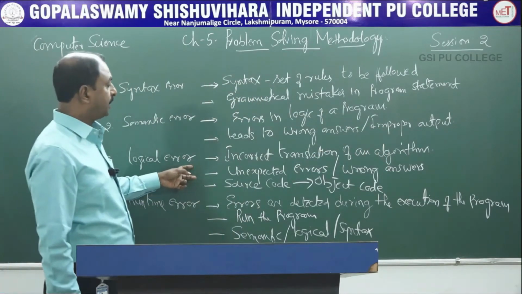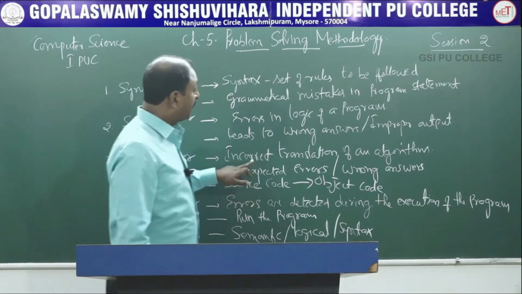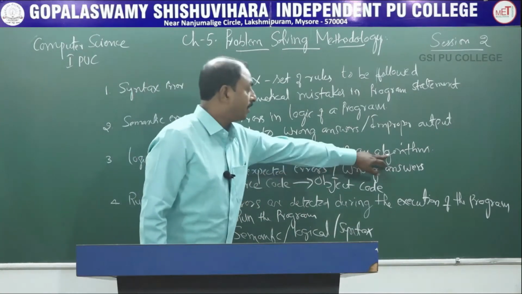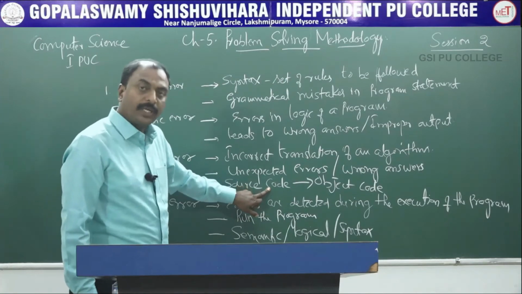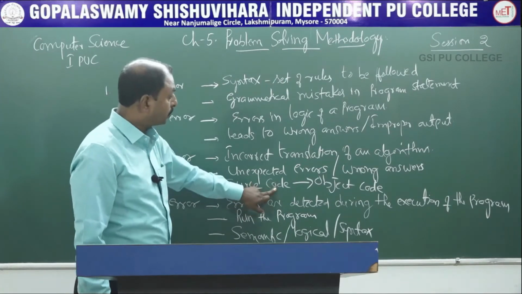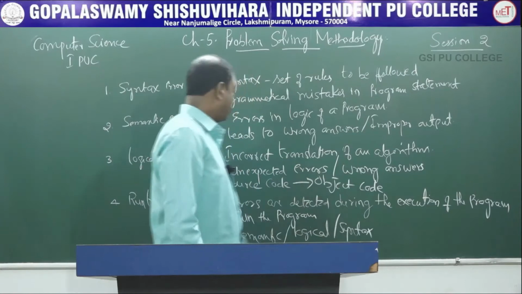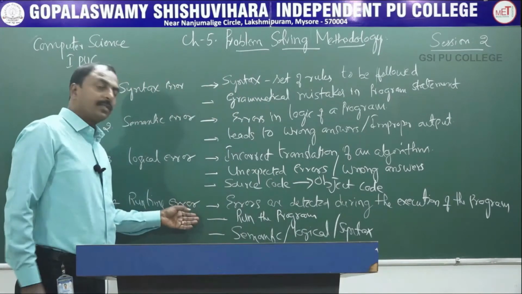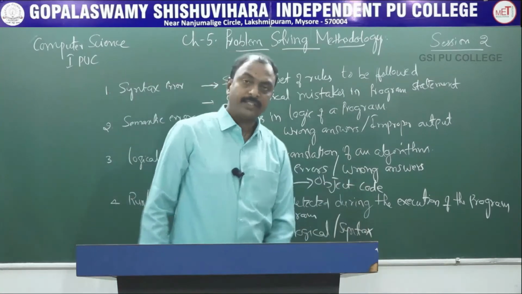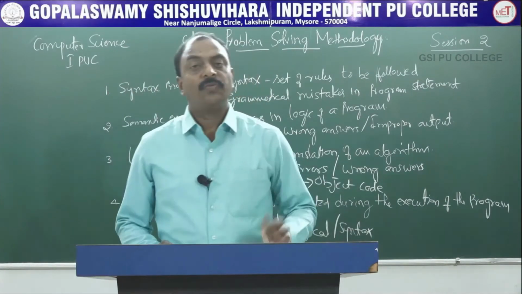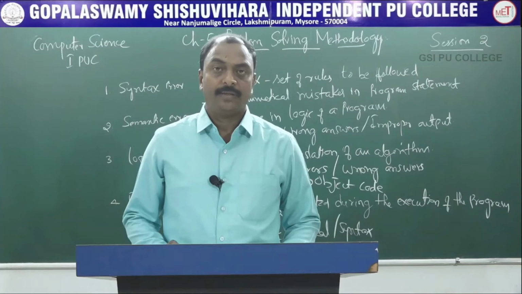Logical error is due to incorrect translation of an algorithm, or incorrect translation during program translation from source code to object code. Next, runtime errors are the errors detected during program execution. So these are the types of error in programming.